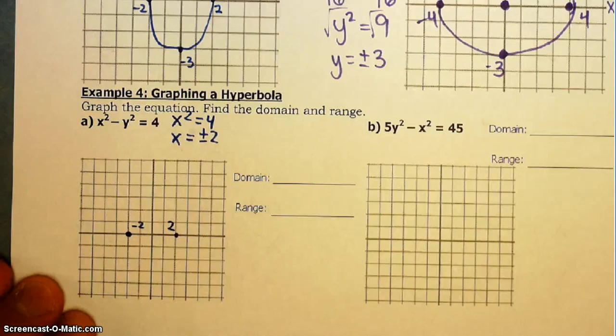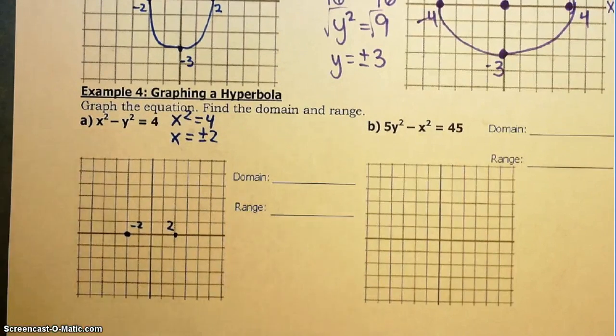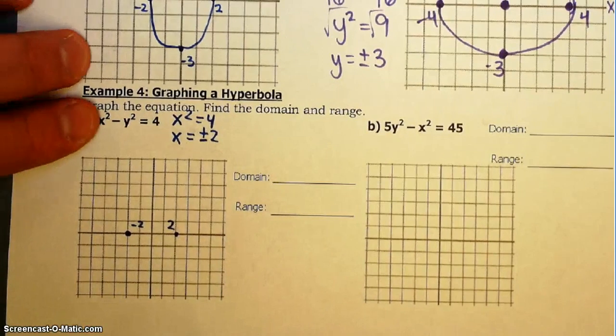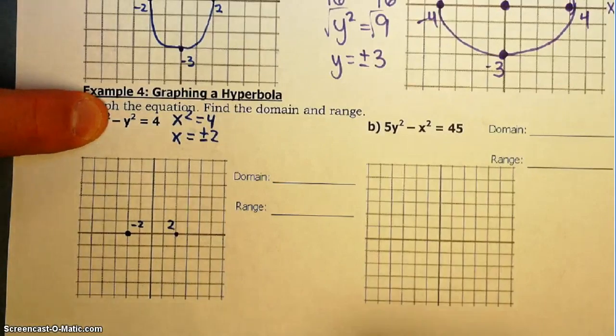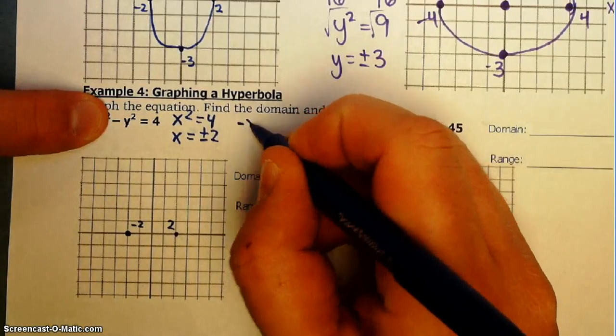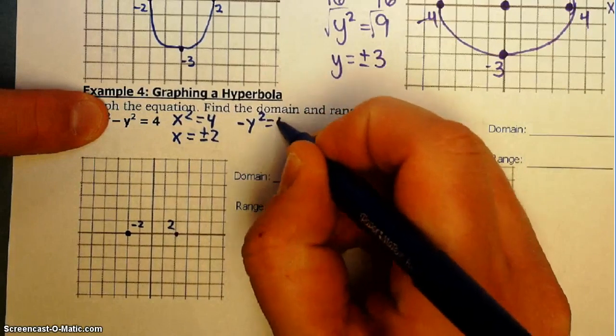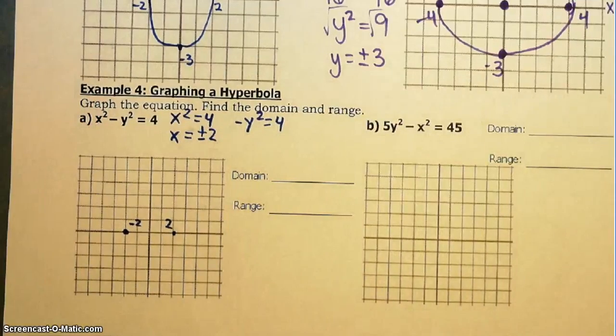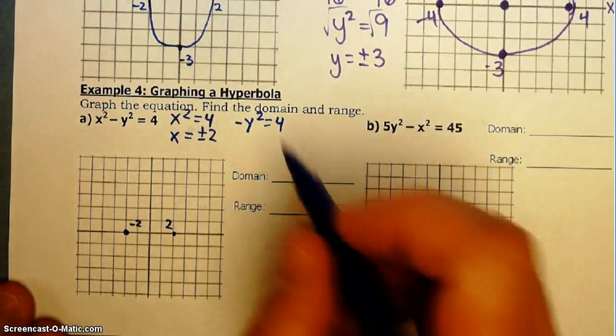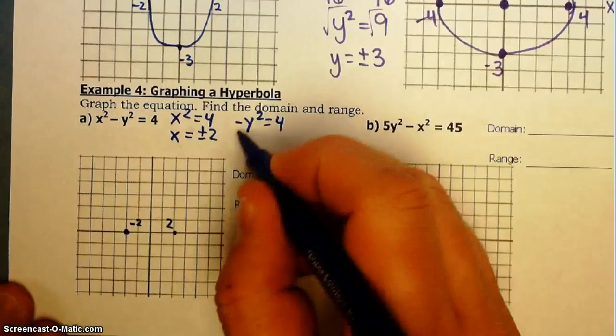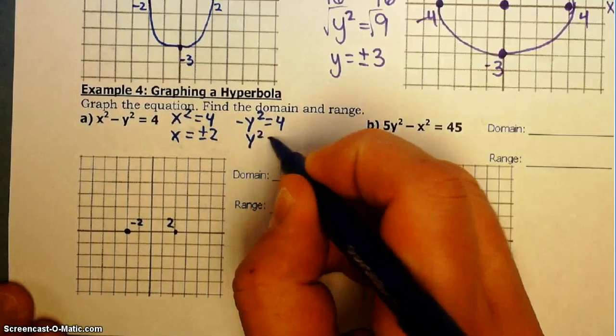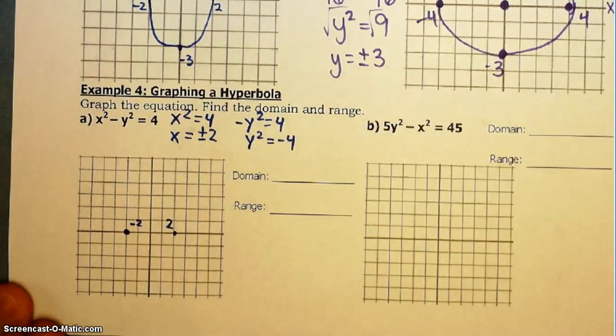Now something funny is going to happen when I go to find the y-intercepts. If I substitute 0 in for x, I'm going to be stuck with -y squared equals 4. If -y squared equals 4, well, that negative is going to cause a problem for us. So if I divide both sides by -1, I get y squared equals -4.